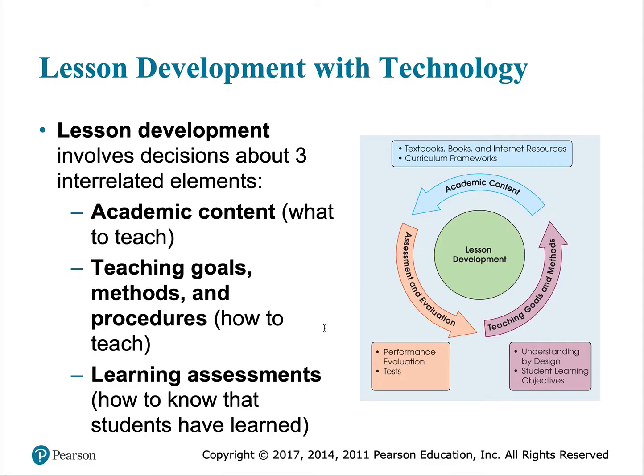So this is the lesson development model, and they're using the Understanding by Design method, which we'll talk about in a minute. But this is basically what we want to do in the lesson. But these are the 3 critical decisions, and we actually have a 4th one that they don't mention, and that's reflection, teacher reflection.